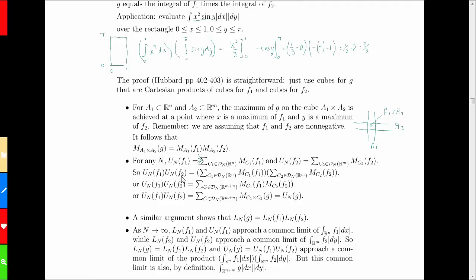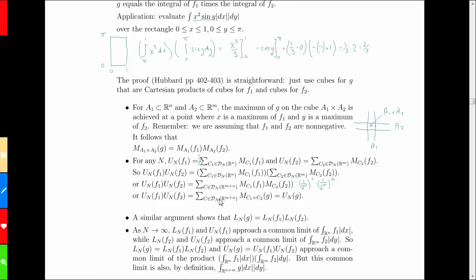When I multiply together those upper sums like that, I get a sum of terms where I'm summing over individual cubes like this one, and I suppose that I really should be multiplying by 1 over 2 to the n raised in general to the nth power times 1 over 2 to the n raised to the mth power.